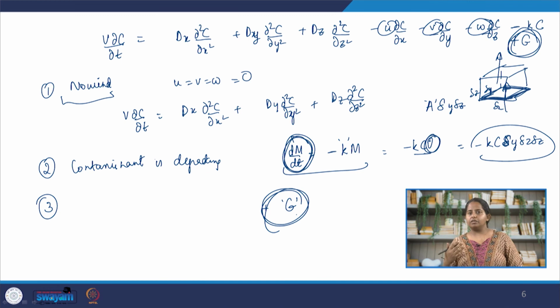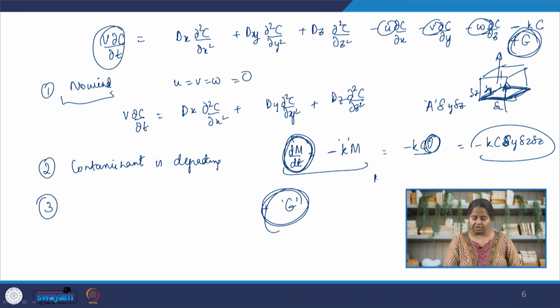For example, in case of groundwater, it is very important to account for retardation. So the retardation factor will come on the LHS, and there may be retardation on the RHS too. Let's say we have a contaminant in the groundwater that is decaying first order.